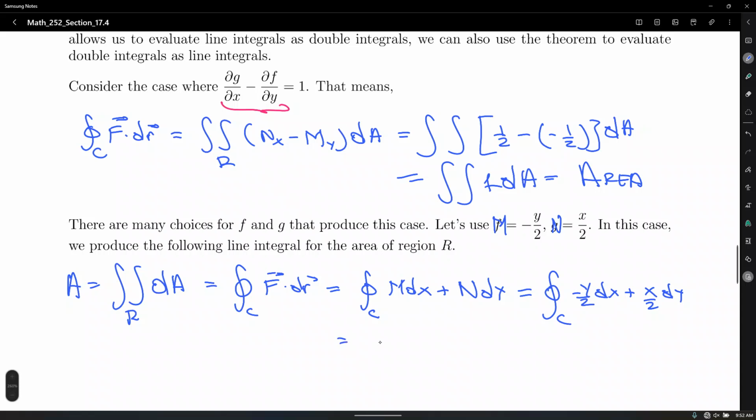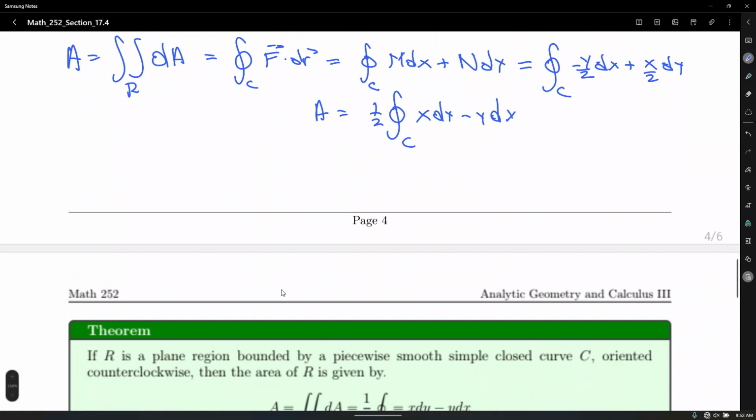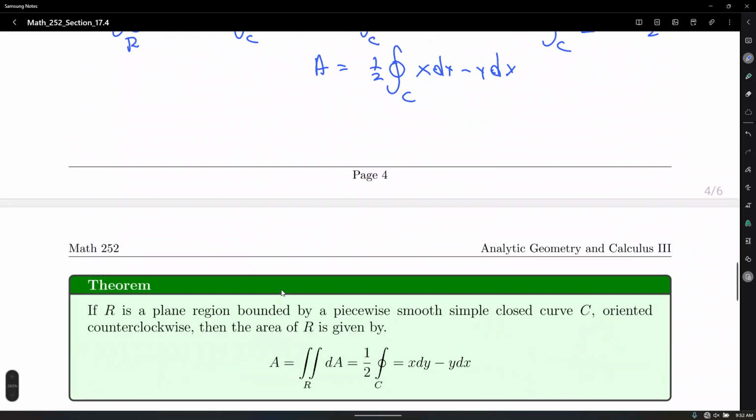So factoring the 1/2, area equals 1/2 the integral along the closed curve C of x dy minus y dx. And that's the result we have in the next page. I've just proved this result from the next page by just going back and forth between the double integral and the line integral.